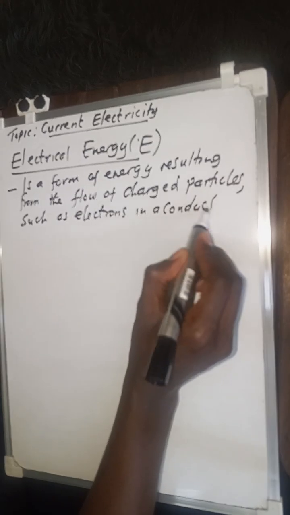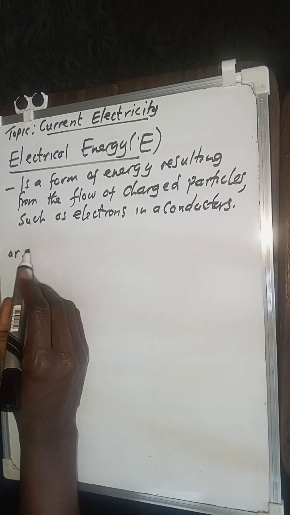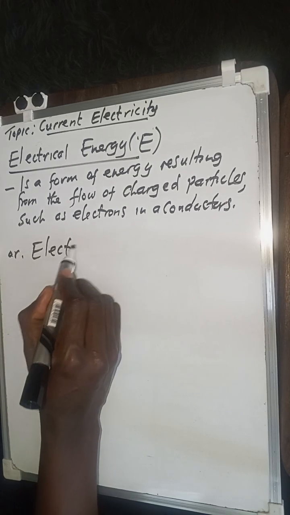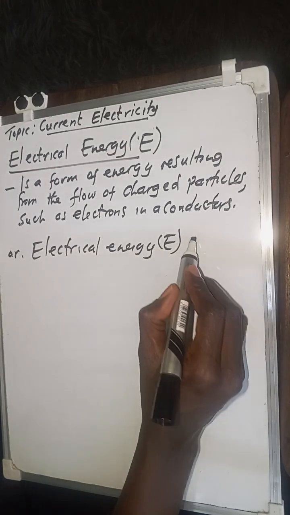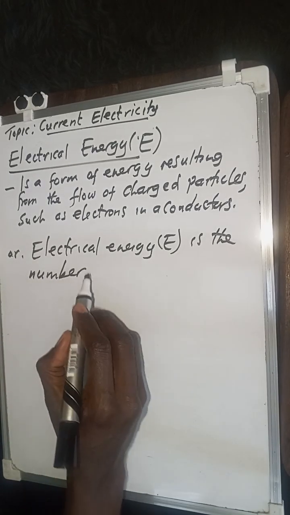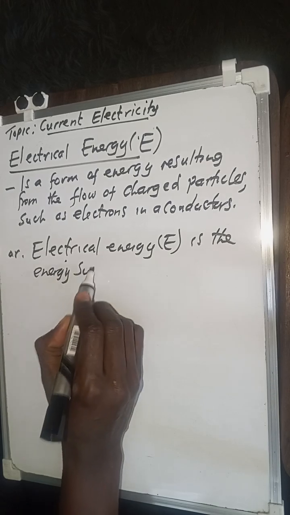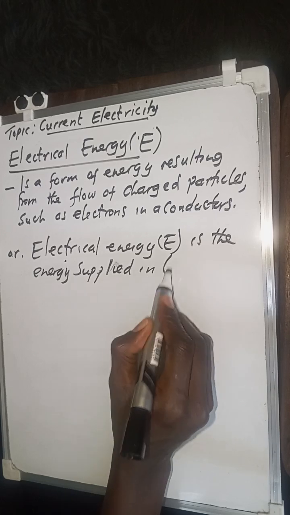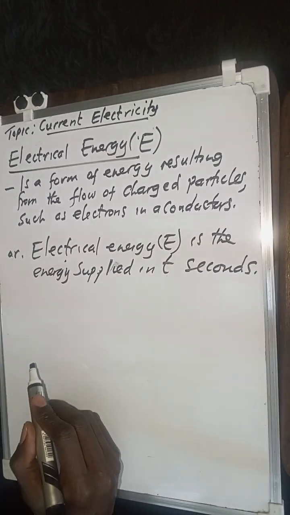So that is what you can simply call electrical energy. Or in simple terms, I can say that electrical energy E is the energy supplied in T seconds. So that's what I can say, the energy supplied in T seconds.